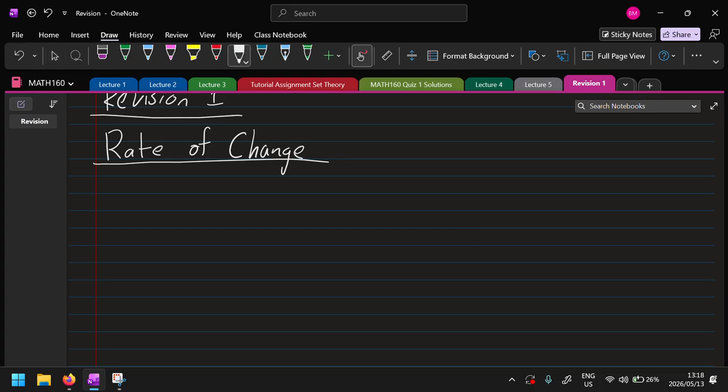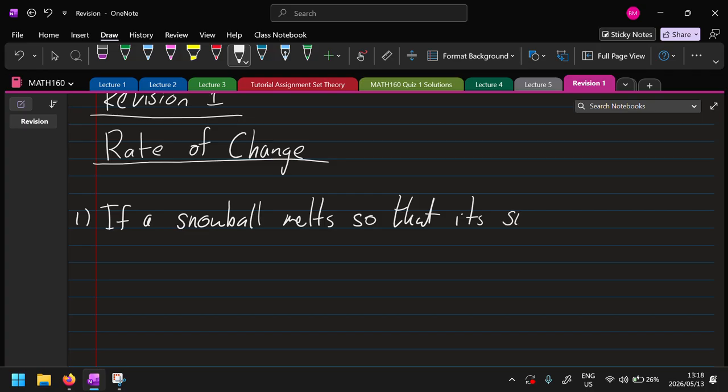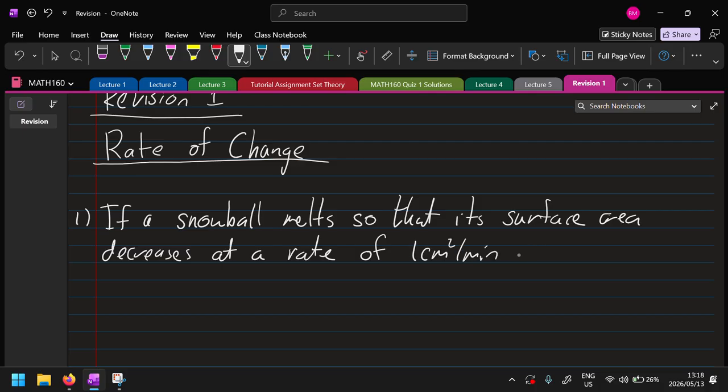Okay, number 1. Okay, if a snowball melts so that its surface area decreases at a rate of 1 centimeter squared per minute, find the rates.